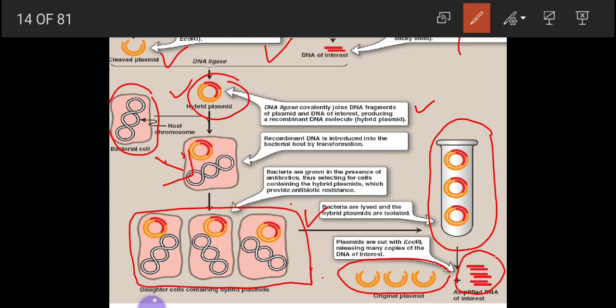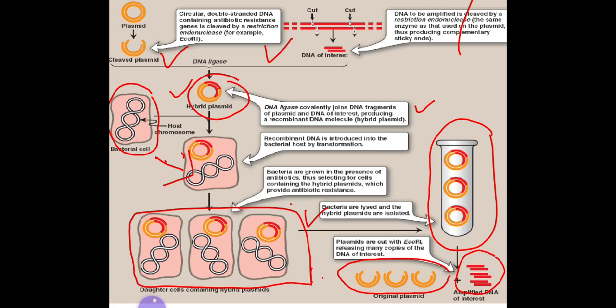Now we can do whatever we want with this DNA. Either we can proceed with further experiments like probing, like sequencing, or, in short, we have a lot of DNA. We can save it and do different experiments with this large amount of DNA.